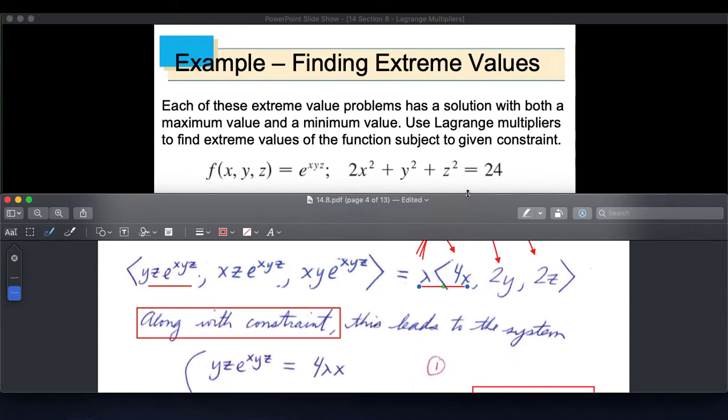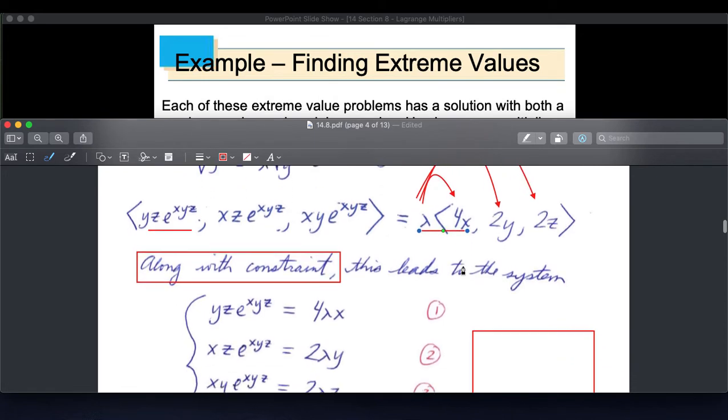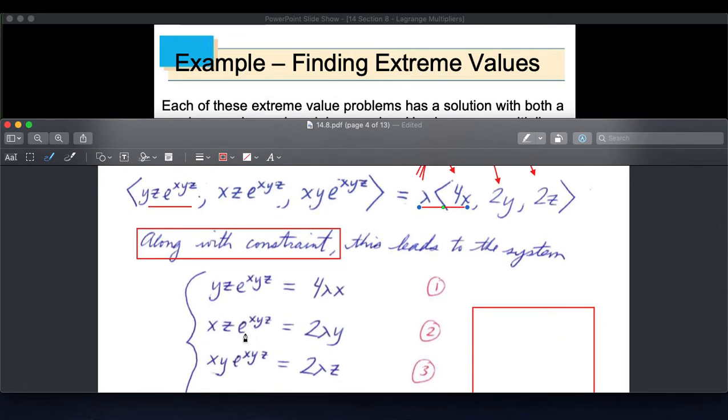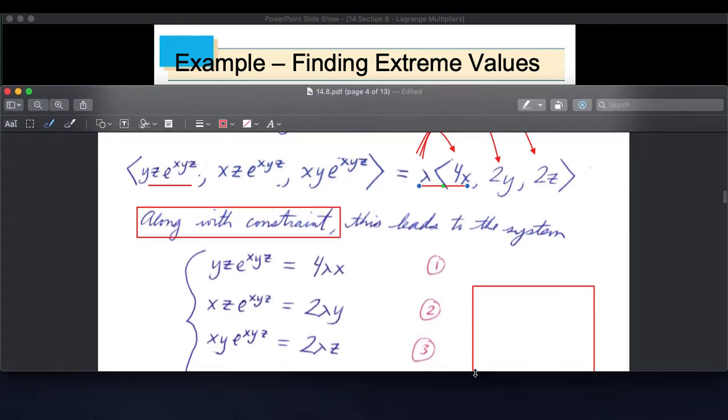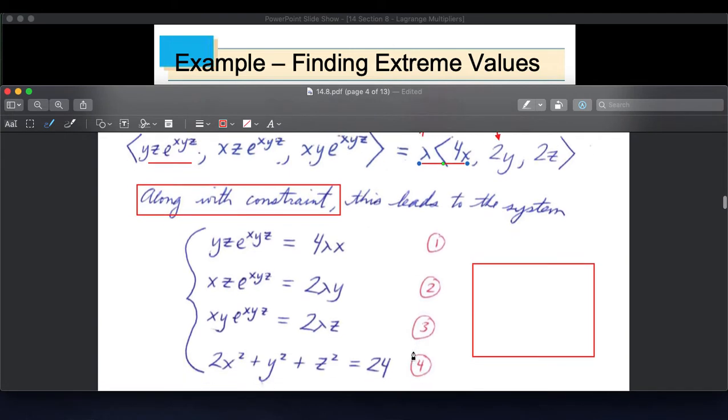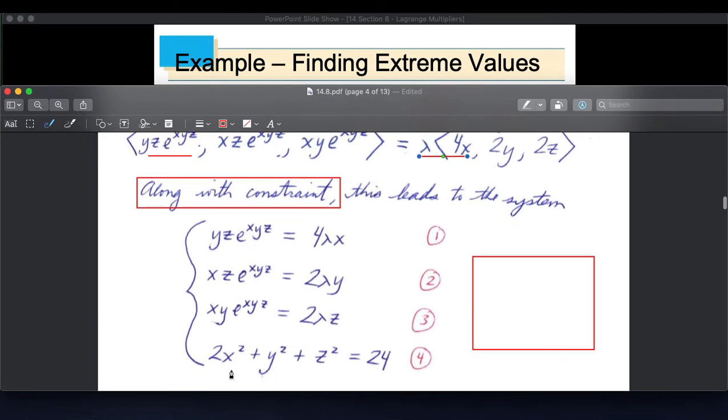As we can probably understand, the second equation is the second component equals the second component, and the third component equals the third component. And finally, our fourth equation is the constraint itself, which is that constraint we were given in the first place.